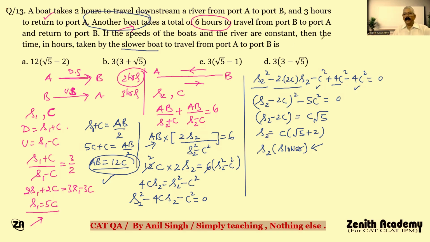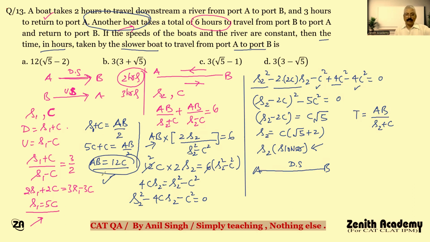And here you have to find the time in hours taken by the slower boat to travel from port A to port B. A to B is given as downstream, right? So A to B means the distance is AB upon the downstream resultant speed of the slower boat in the direction of the current. This will be S2 plus C, and this is time t.